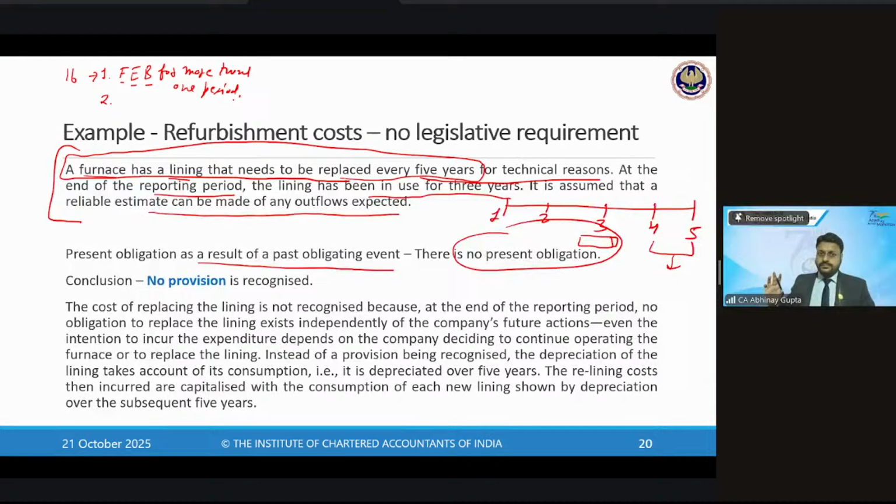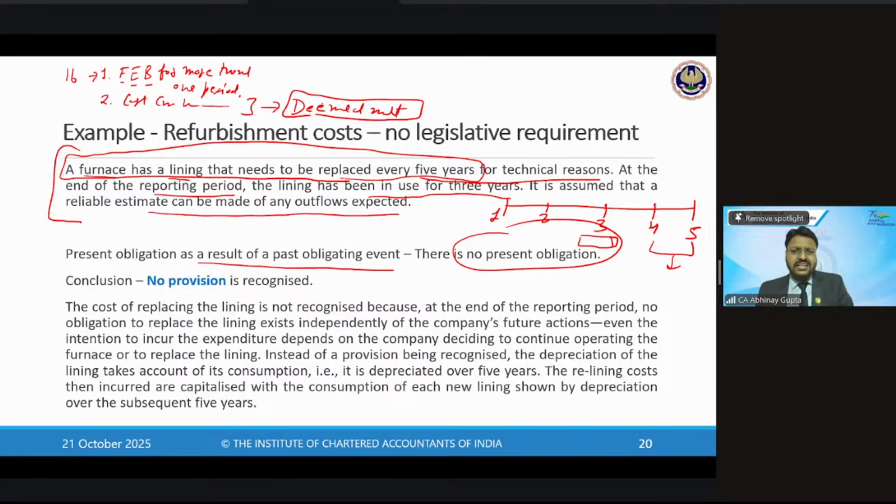And the second condition: cost can be estimated reliably. This condition I generally say is deemed met, unless there is a specific peculiar case or challenge to that. So the only condition is future economic benefits for more than one period.